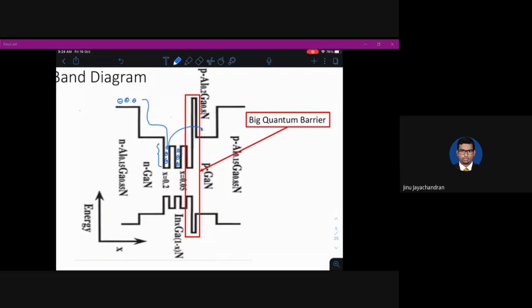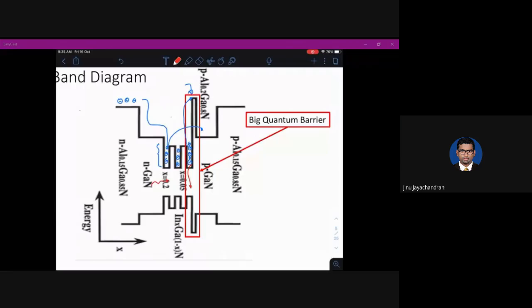Even if there are carriers here, because of this large quantum barrier, the carriers cannot move out. So the carriers are confined inside this quantum well, which will increase the emission rate. So you will have a larger number of carriers, which finally gives you a population inversion, since the carriers cannot climb the quantum barrier. More carriers will be confined inside the quantum well, and they will start giving radiation if you give a stimulated photon. So that's why we have a big quantum barrier.